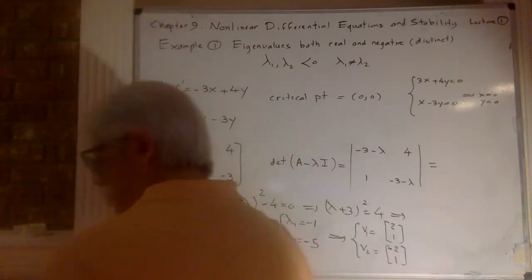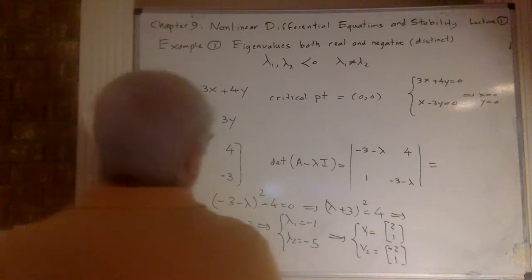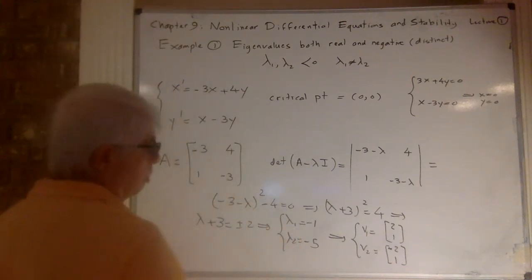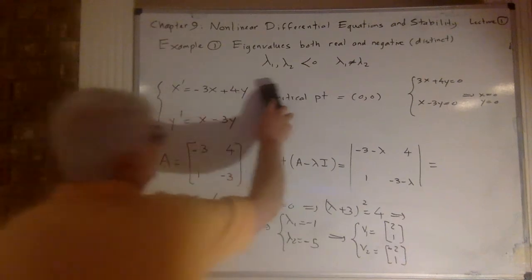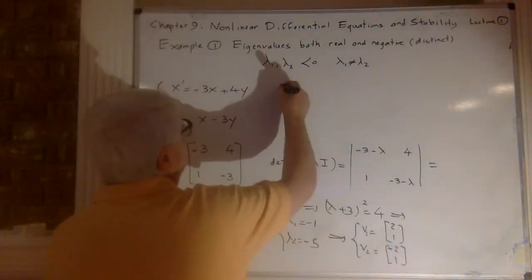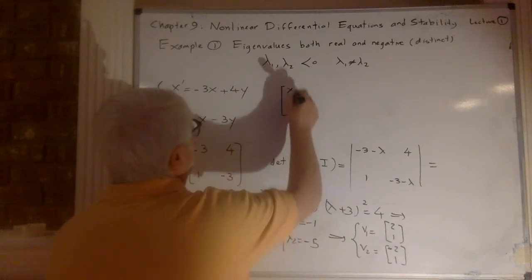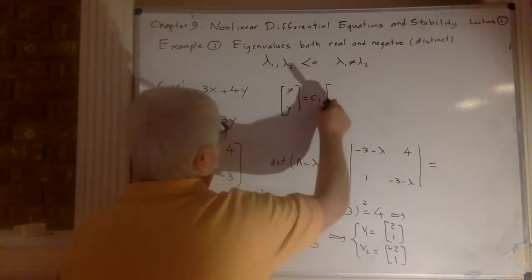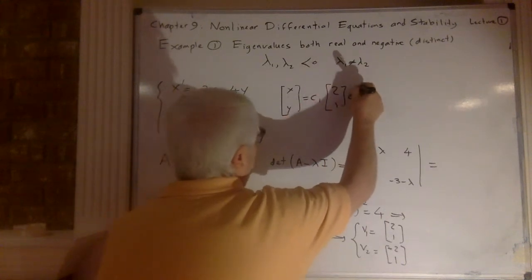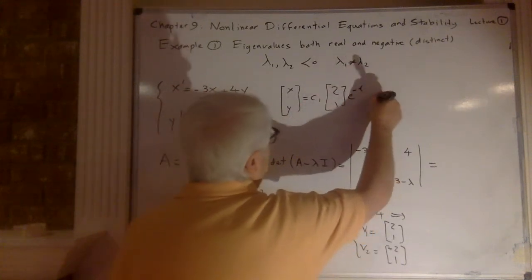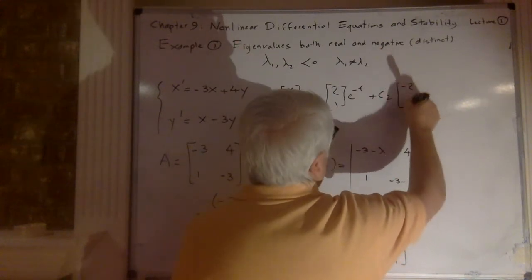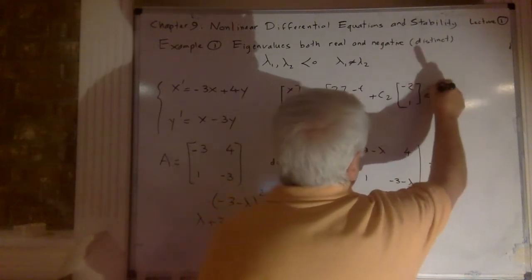Okay, so the general solution will be x, y equals c1 times (2, 1) e to the power minus t, plus c2 times (minus 2, 1) e to the power minus 5t.